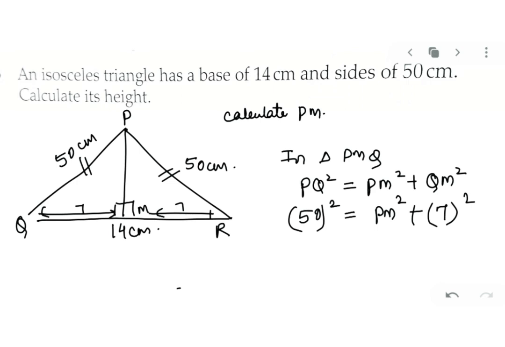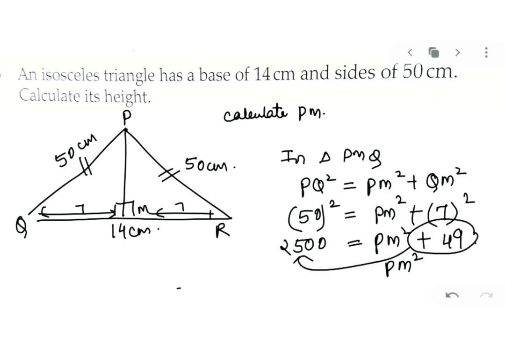Yes. So now you have 50 square. So can we make it 50 square? That will be 2500 is equal to PM square plus 7 squared, 49. Now my dear kids, PM square you have to keep it there. Take this 49 here into subtraction. So that will be 2500 minus 49.